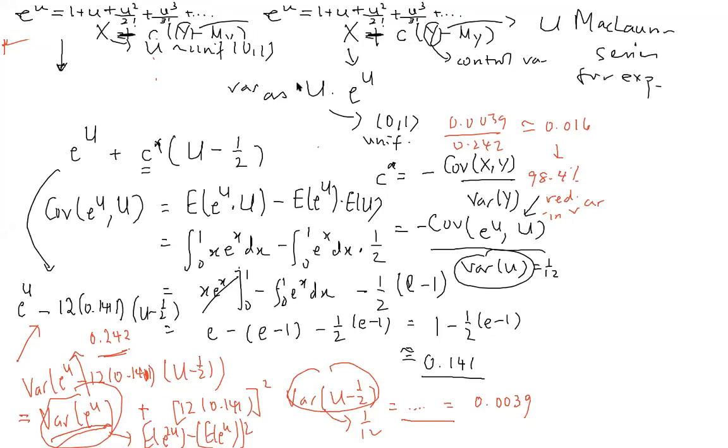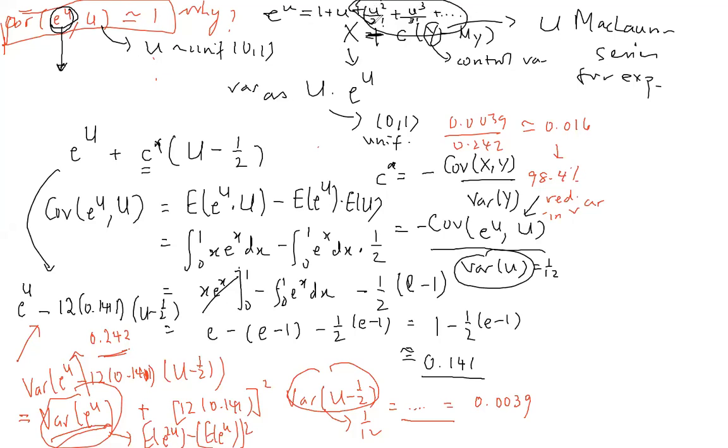Now you look at this Maclaurin series for e power of u. If you look at these terms, do you need to consider them? The u square, u cube, and all that, are they necessary?